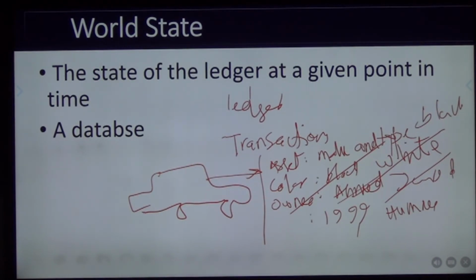But Hyperledger, to make it really efficient, instead of the program going and finding out in which transaction the most updated status of this asset lies, it becomes very time consuming.